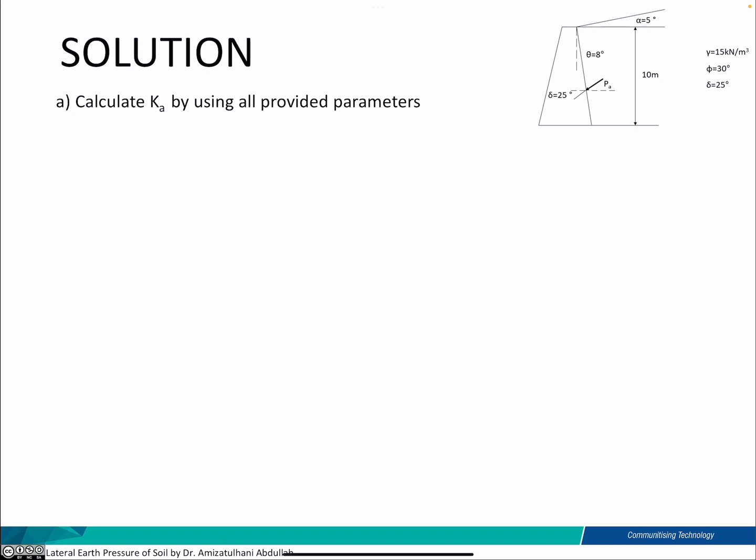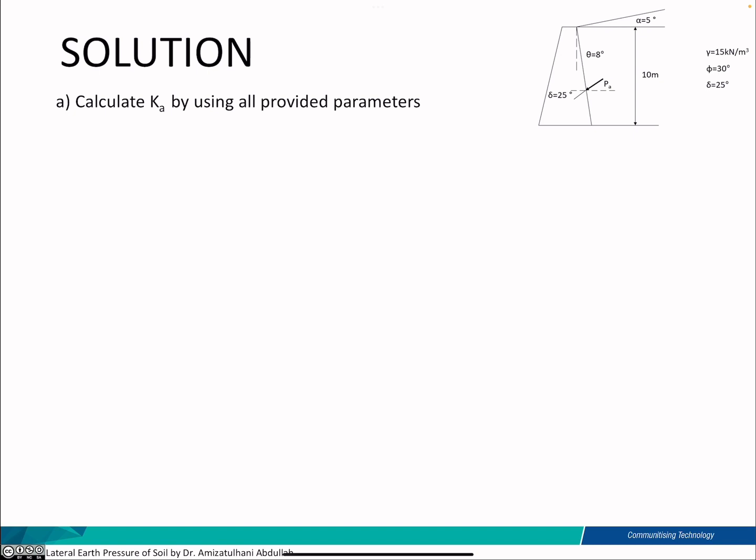So we know that Coulomb theory will give a few angle, but then you have to determine which angles should be used for which part. Okay, so yang membezakan antara Rankine dengan Coulomb, coefficients of active ataupun pressure punya calculations ataupun formula will be slightly different. Sebabnya Coulomb akan ada angle, but Rankine hanya ada internal friction angle, phi.